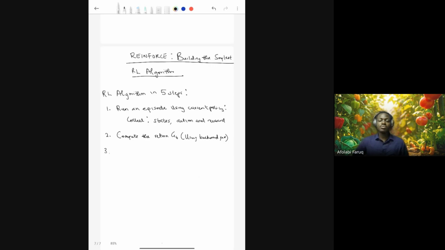Now, the third step we'll be looking at here is to normalize the return. That's just like taking the return, subtracting the mean and dividing by the standard deviation. So that's basically normalizing it. And why do we do this? We do this to ensure that the gradients update at a consistent scale.